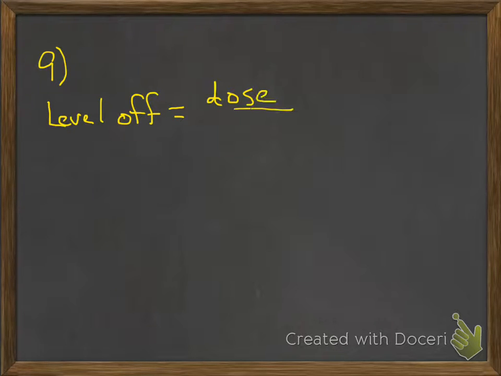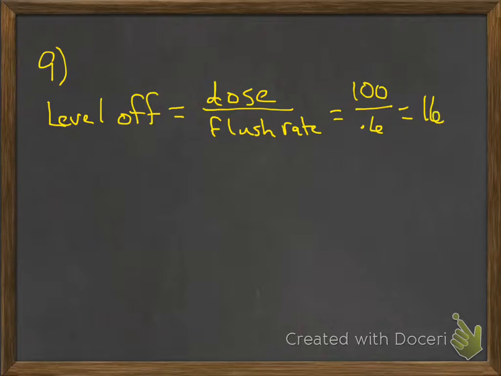Number 9, when they want you to find the level off point, the level off point is equal to the dosage, how much you're taking per dose, divided by the flush rate, which in this case is 100 divided by 0.6, which is 166, we'll say 0.7, we'll round it off, milligrams.